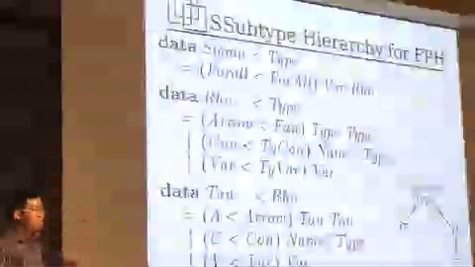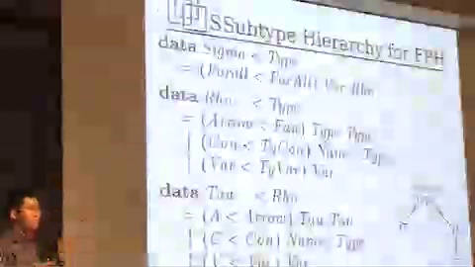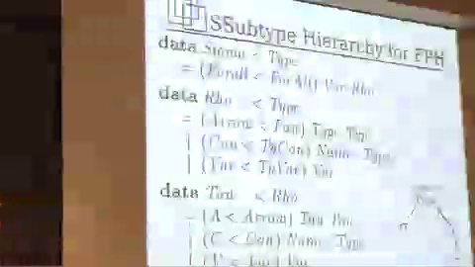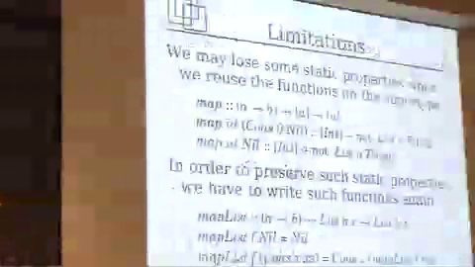Then we really have this static distinction between taus and rhos in sigma, but we can still reuse the functions that are defined on the system F type, like getting all the free variables, by implicit coercion.